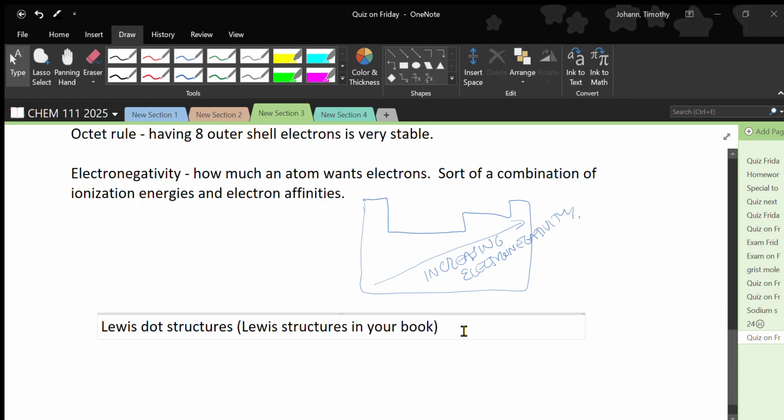So we've got Lewis dot structures. These are so cool, okay? These are just us thinking about valence electrons, drawing dots and counting to 8. And it tells us how many bonds each atom has.